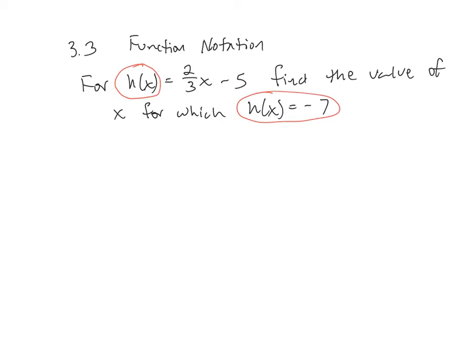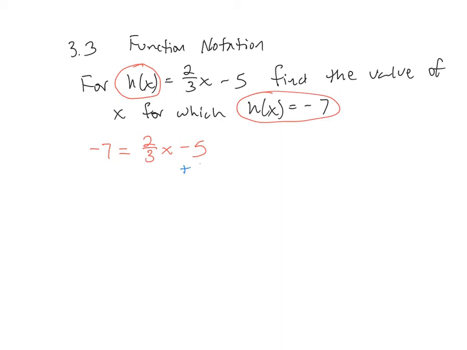It's saying, like, those are the same things. So in this original, like, function, I can put -7 where the h of x is, and then I just solve that for x, and I'll have my answer.